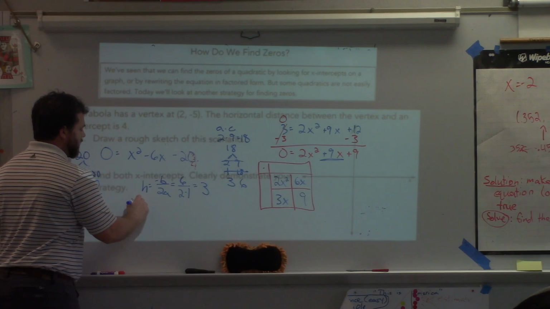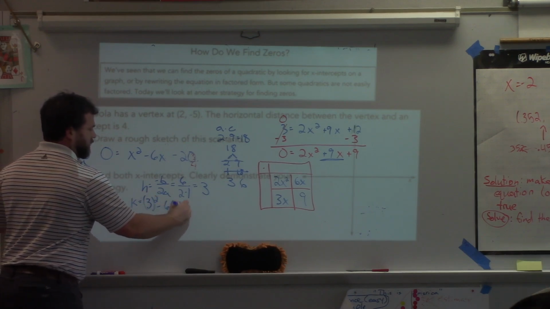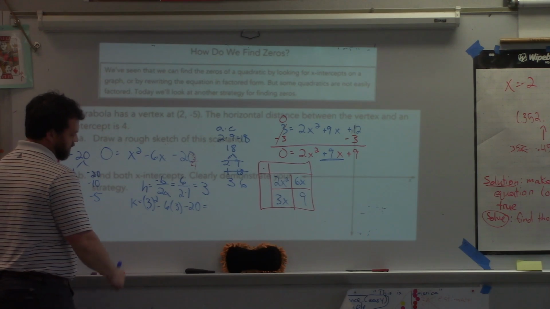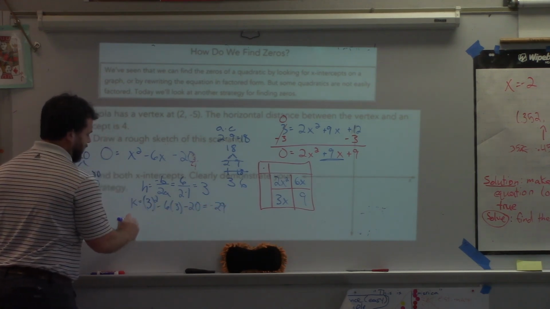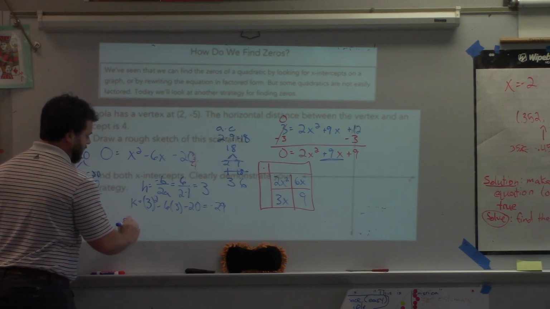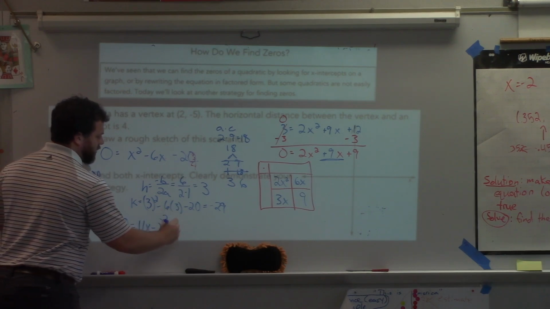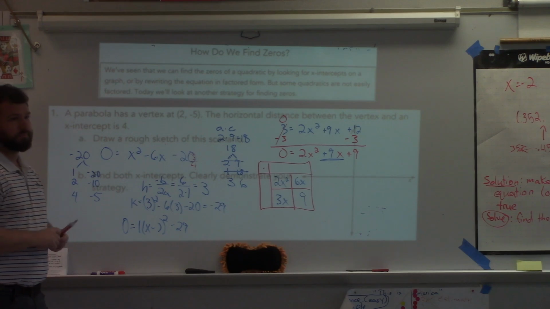So k is equal to, and if I do all of that work, and by I mean calculator, I get negative 29. So then I just substitute into my vertex equation. A is 1, x minus 3, x minus h squared, plus k, so minus 29. Then I solve that equation. Okay?